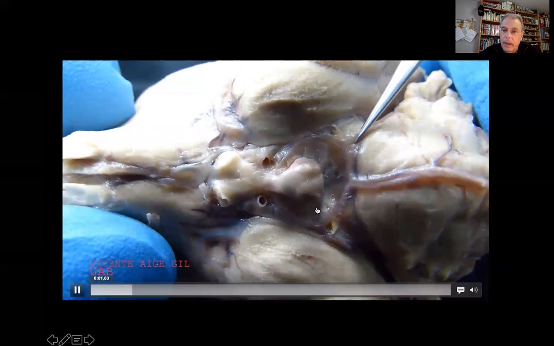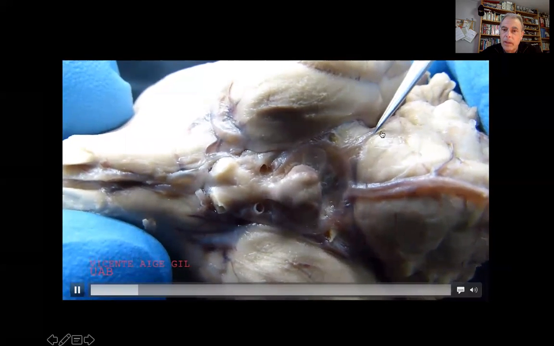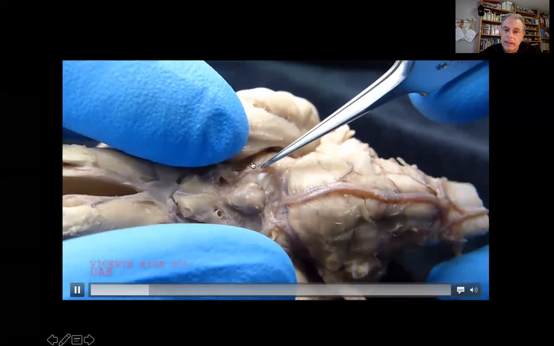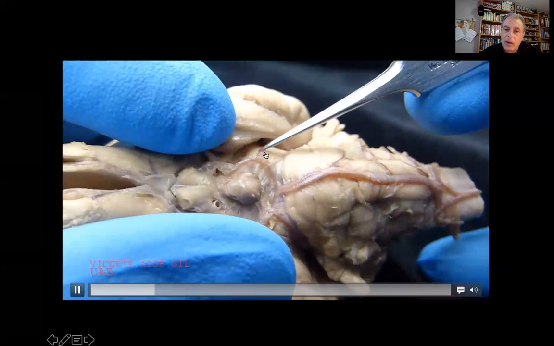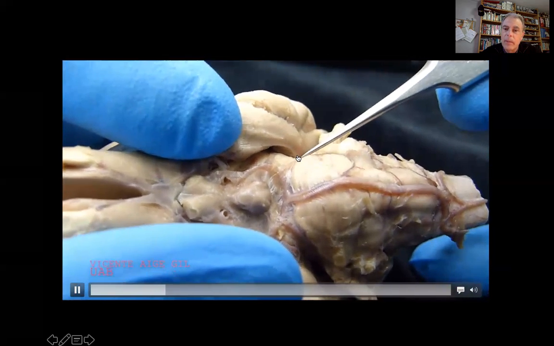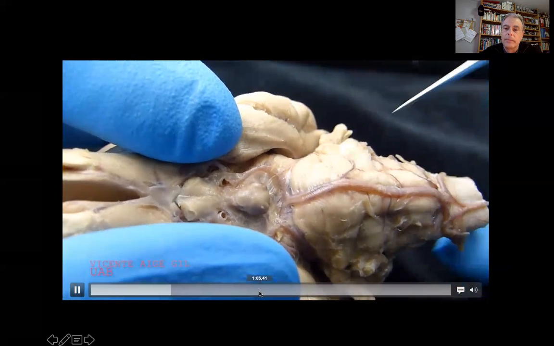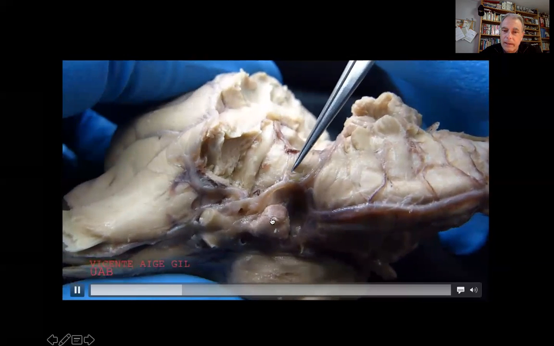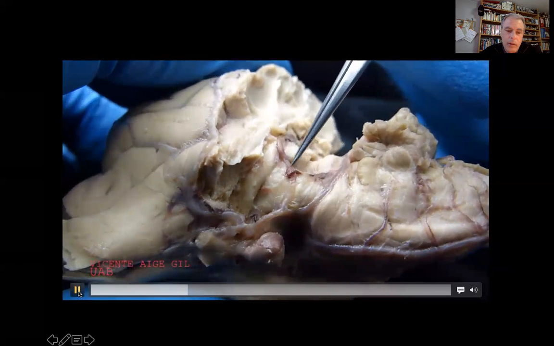Okay, and there we have the rostral cerebellar. Okay, again, this is the caudal cerebral artery and the rostral cerebellar artery. Okay, again, the caudal cerebral artery.